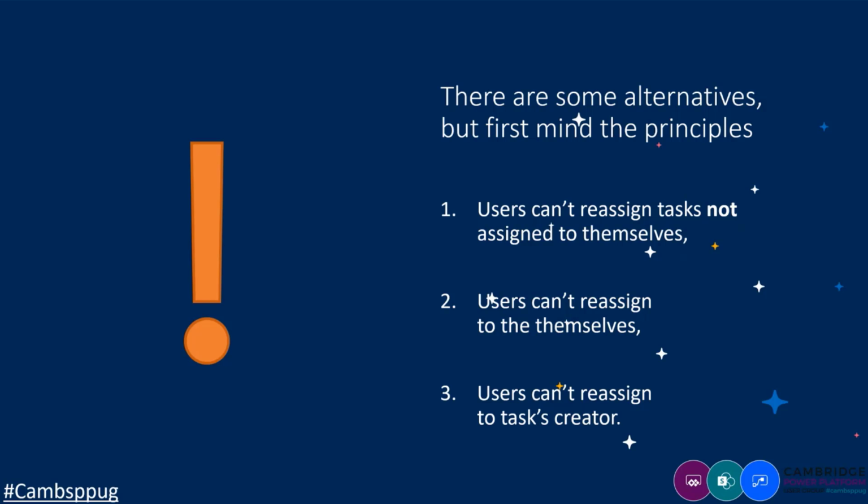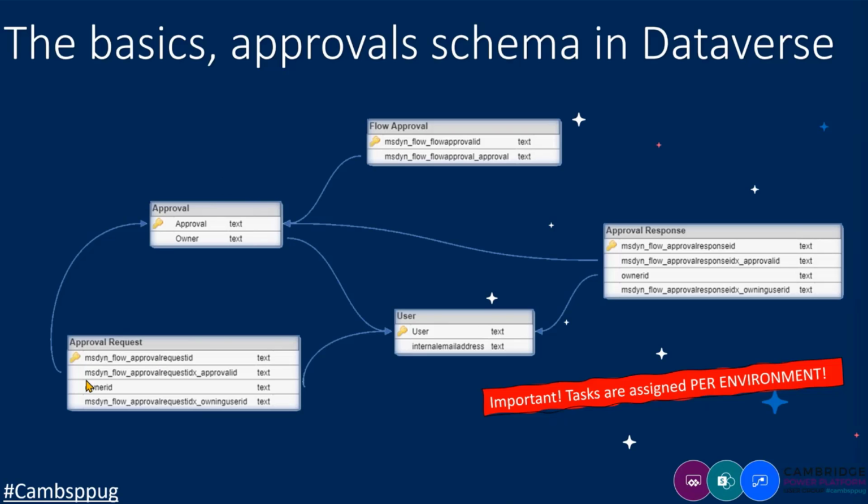Fernando, sorry, I just saw the question from Fernando around these relationships. Just to explain how it works, it will be very fast. It is always one-to-many. So one approval has many approval requests, and one approval has many approval responses.